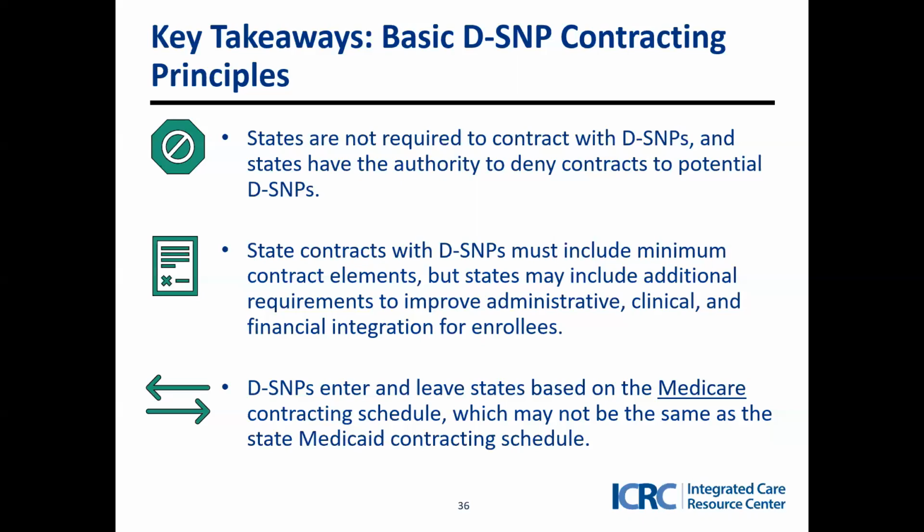And that D-SNPs enter and leave states based on the Medicare contracting schedule, which may not be the same as the state Medicaid contracting schedule. So that concludes this overview of the required elements for SMACs. I'm going to turn things over to Danny now, who's going to talk about some new required contract elements.